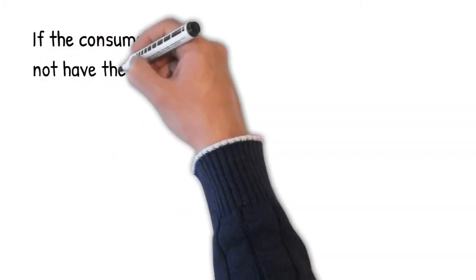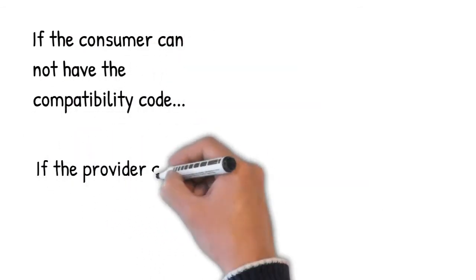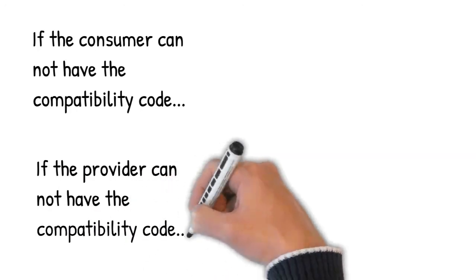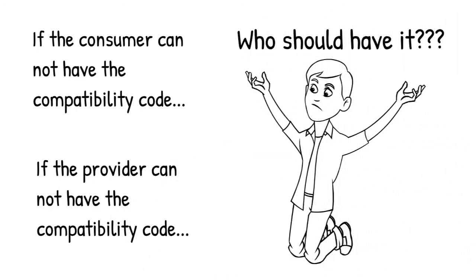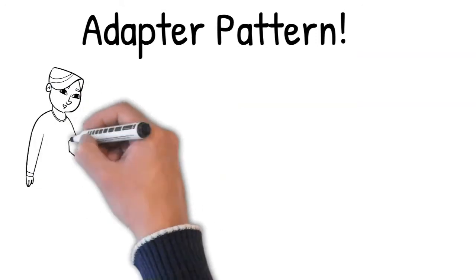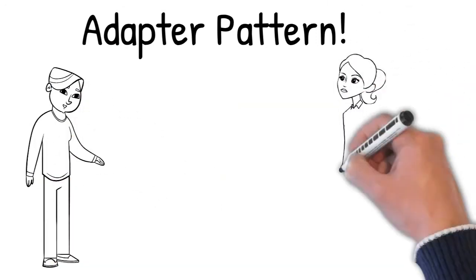I know what you are thinking now. If the consumer cannot have the compatibility code, if the provider cannot have the compatibility code, who should have it? Well, here comes the adapter pattern.